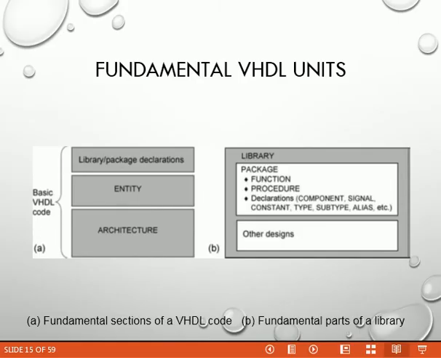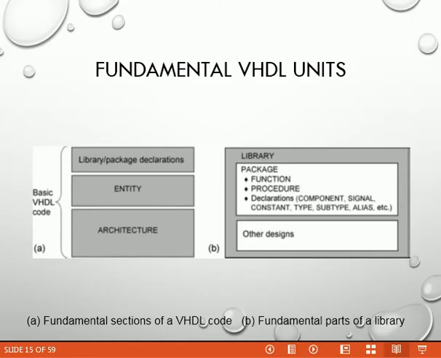Now let us move forward to the fundamental units of VHDL. Here the units of VHDL programming are mostly composed of three sections: the library package declaration, the entity, and the architecture.